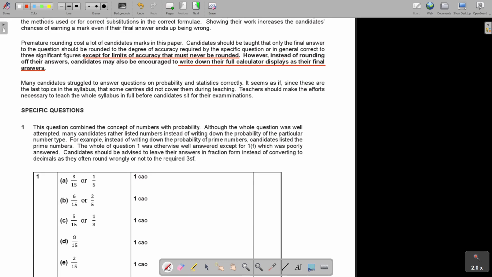Teachers should make the efforts necessary to teach the whole syllabus in full before candidates sit for their examination. So go for a few extra classes with your teacher, or watch online videos, use the channel, but make sure that you conquer all the topics. It's very important that you take the responsibility also on yourself.